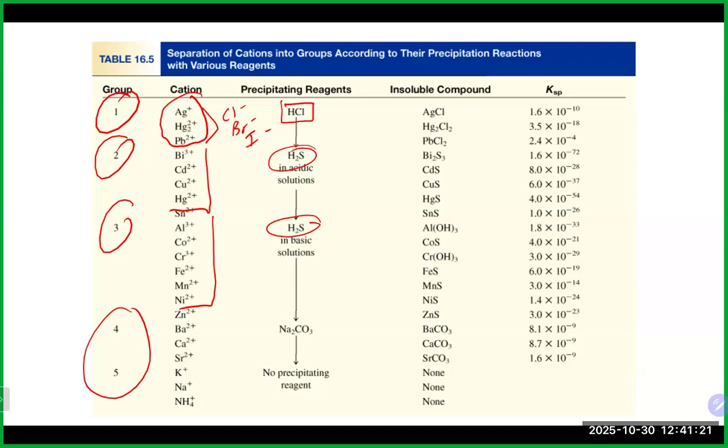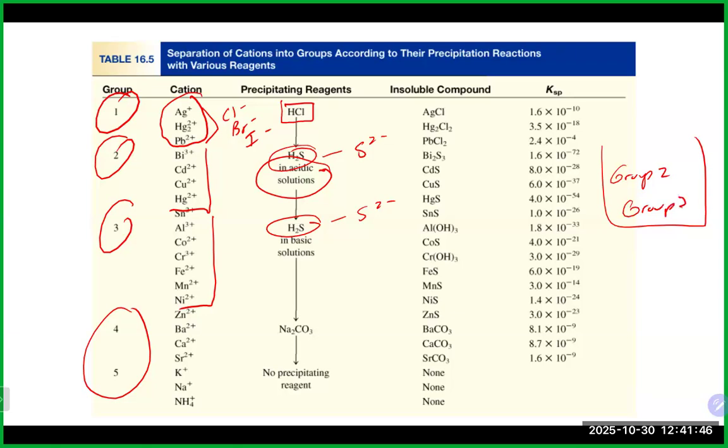But the idea here between group 2 and group 3, just to illustrate another point of what we've been talking about, is they use the same exact precipitating reagent, really some sulfide. The difference is one is very, very acidic. And that's the idea we were talking about before, pH. If you had a beaker of group 2 ions and group 3 ions floating around, you can keep group 3 ions in solution by making the solution super acidic.